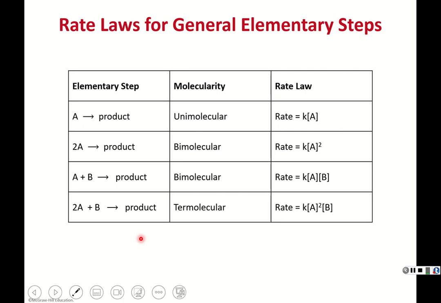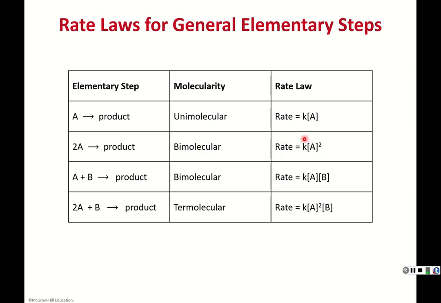So if we look generally at elementary steps, if you have A going to product, this is unimolecular, because you only have one molecule of A turning into a molecule of product. So the rate law for that elementary step would be k times A. If you have two A's coming together to form a product, that would be what we call bimolecular. There's two molecules involved.